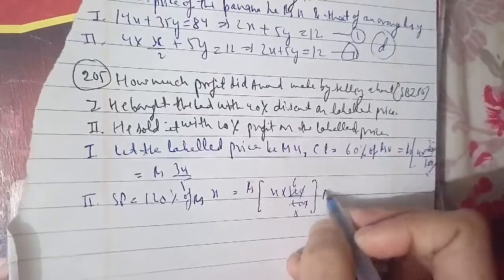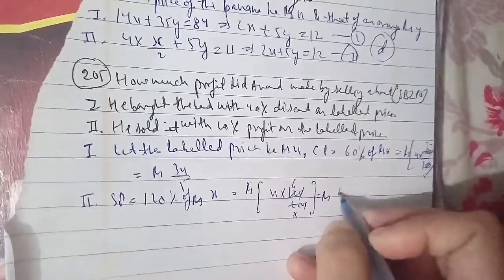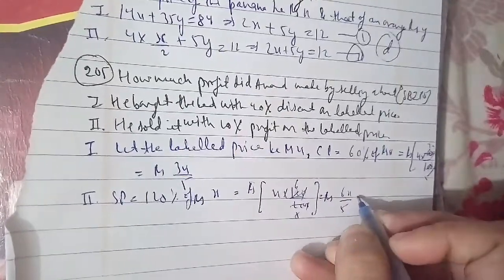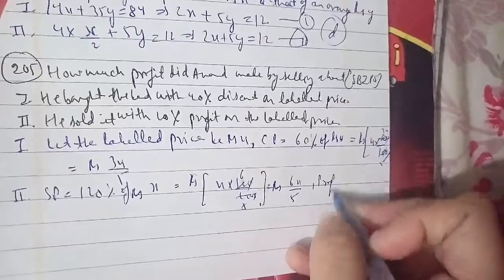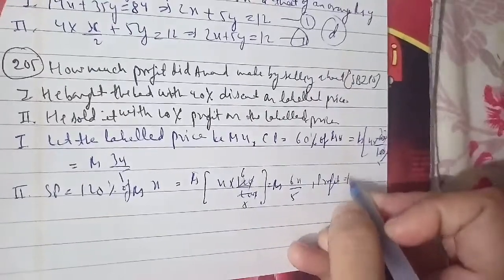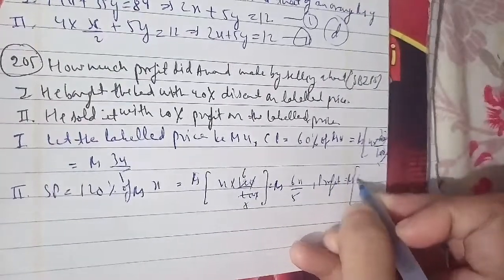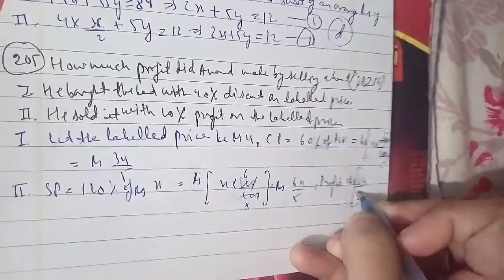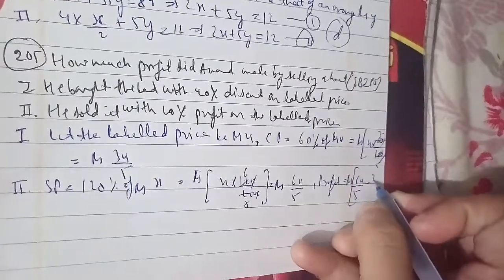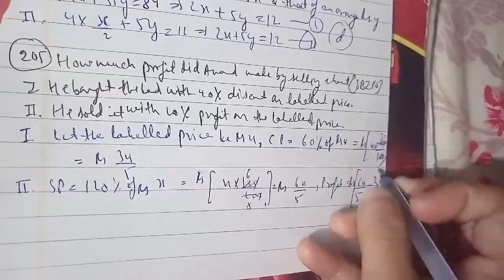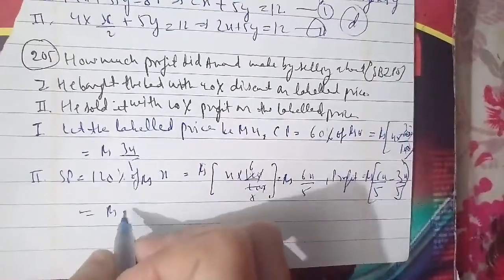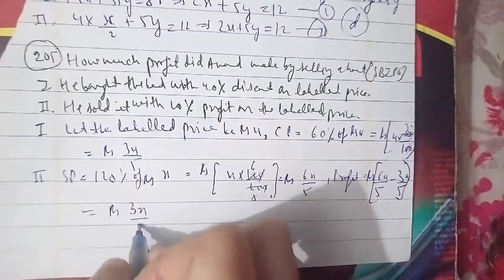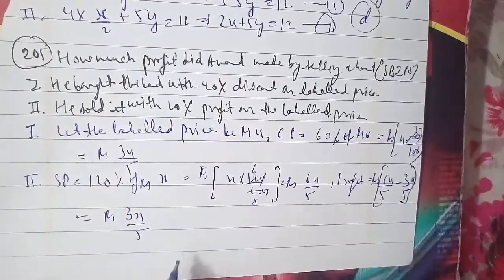It is rupees 6x upon 5. So for finding out the profit here, profit equals to rupees 6x upon 5 minus 3x upon 5 equals to rupees 3x upon 5 that we get here.